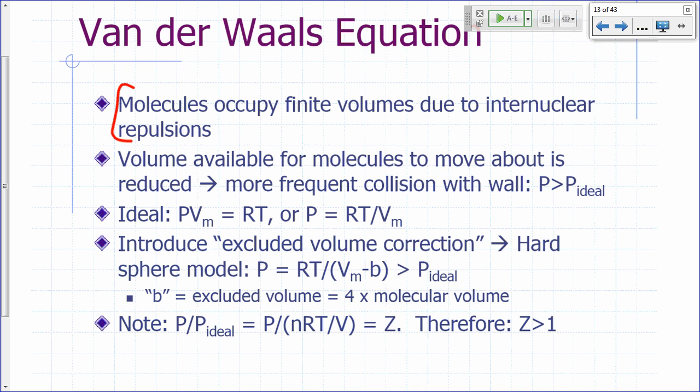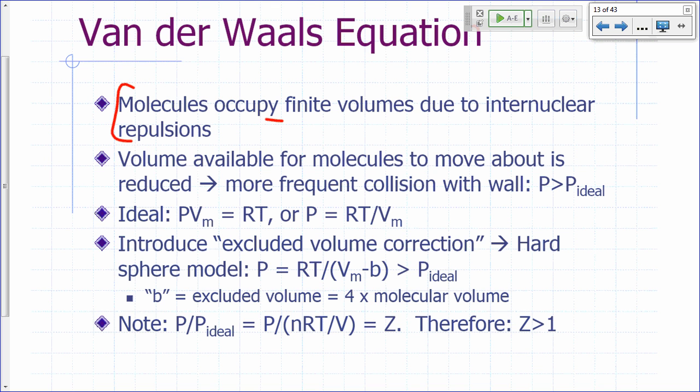Things to consider are the fact that molecules do occupy a finite volume due to intermolecular repulsions. You can only get those molecules so close before they start to strongly repel each other. So we say there's a finite volume around the nuclei of your molecule. You can consider your molecule as having a finite size.